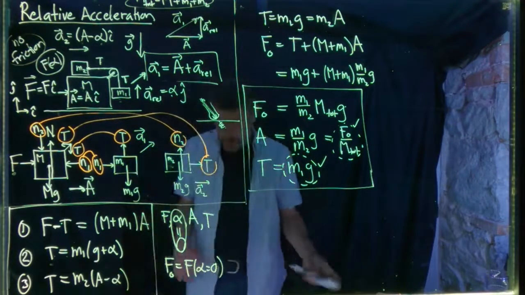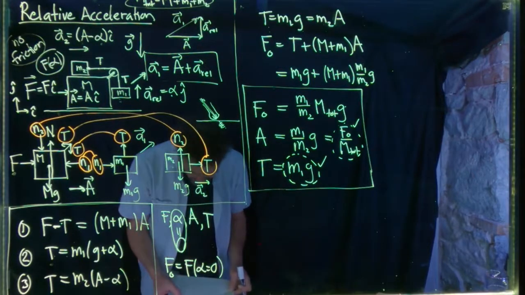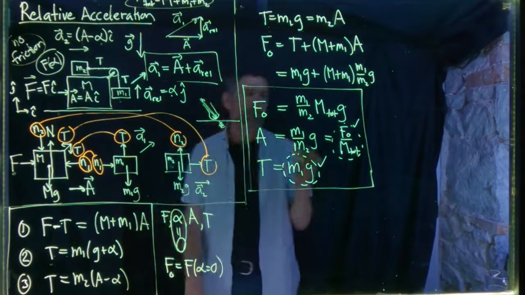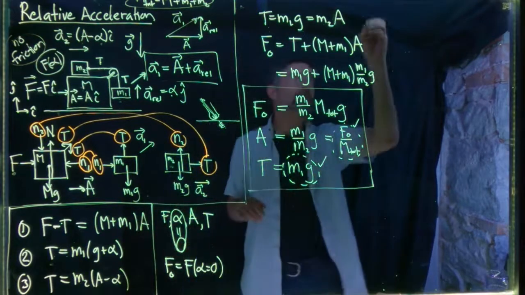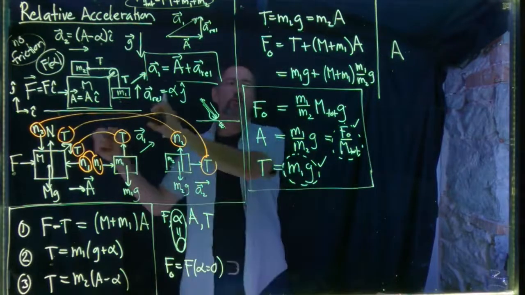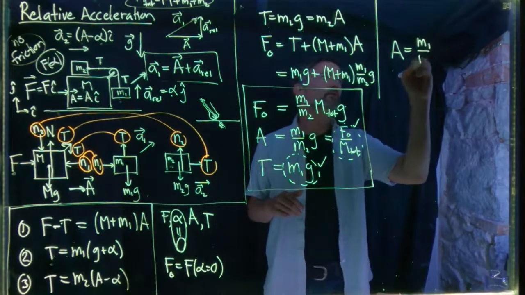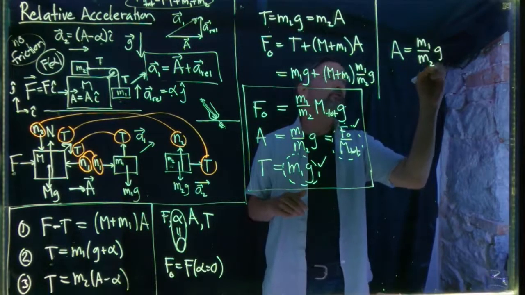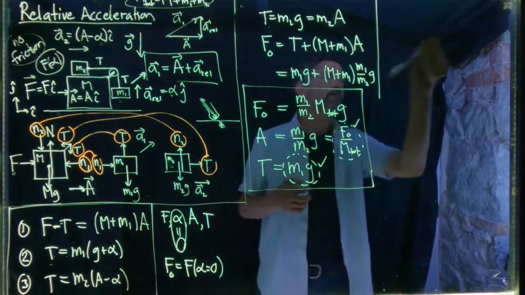Okay, and then the third thing I wanted to look at was what is the acceleration of the system? Okay, so the acceleration of the system is, this is the interesting part. So the acceleration of all three masses together is equal to m1 over m2 times g. And you might wonder, actually let's put that down here.